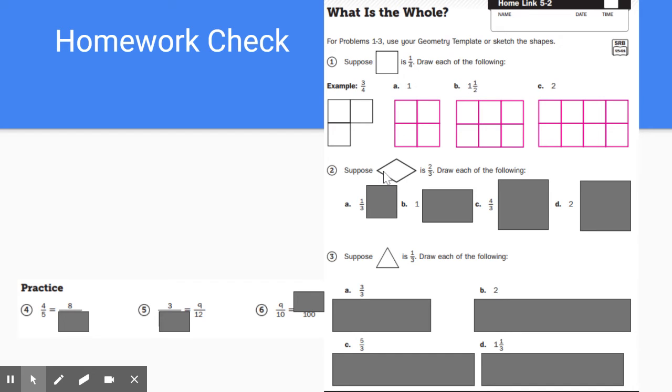This time I want you to suppose that this rhombus is 2/3. Now think about the ones that we did in class when the shape that we were given was either 2/3 or we did an example for 2/5. We had to take our shape and divide it in half. So I can't draw on my slideshow here, but if I could, I would draw it this way. And I want you to think about how I would have two triangles.